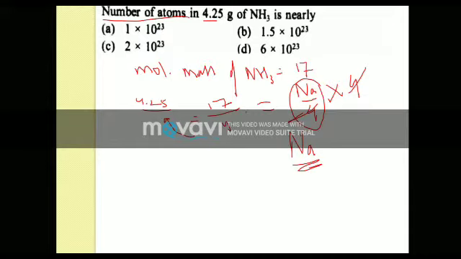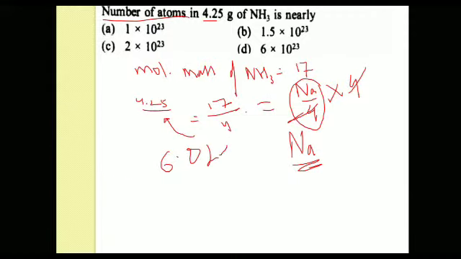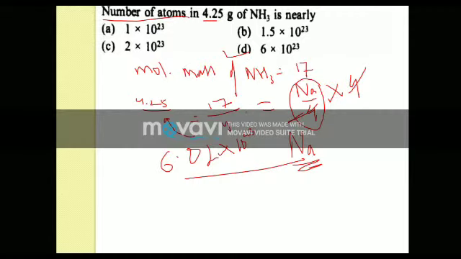And this Na value, again I am telling you, is 6.02 into 10 to the power of 23. So which is the nearest answer? This is the nearest answer.